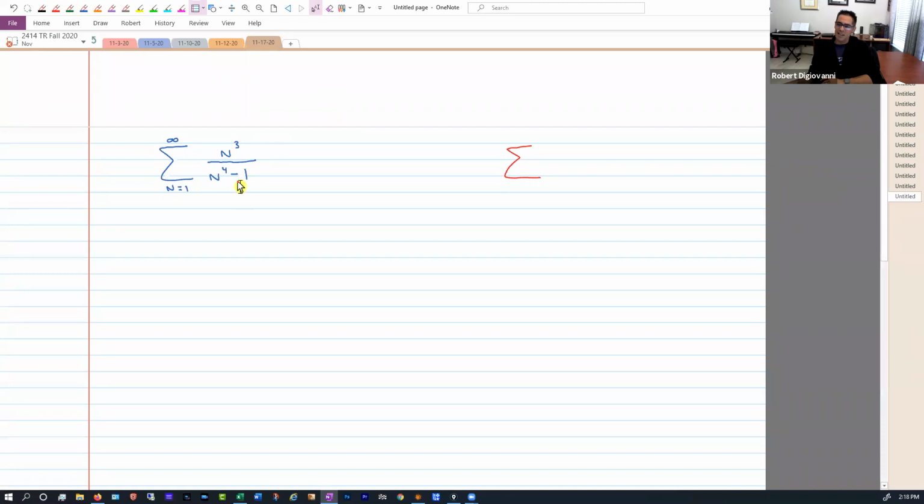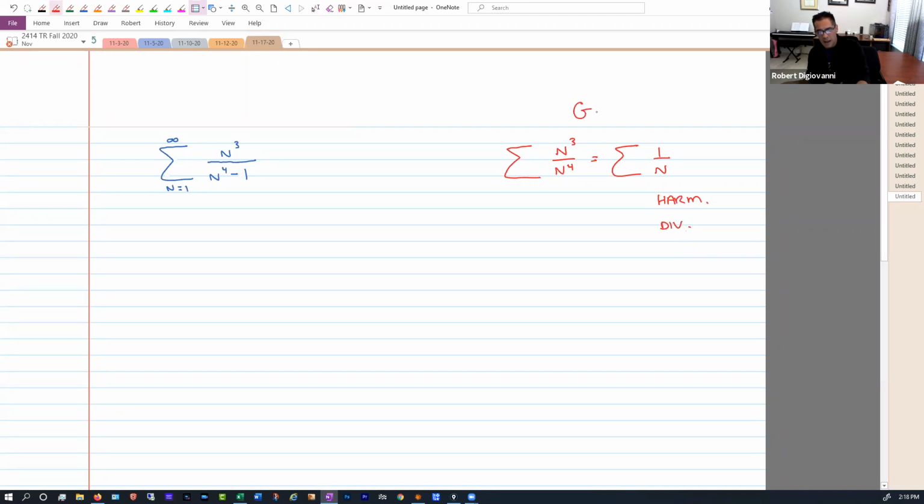This minus 1 really doesn't make much of a difference. Do y'all agree? Yes. So would it seem reasonable to say the minus 1 really doesn't matter too much? It's really kind of like just n cubed over n to the 4th. And that's just 1 over n, isn't it? So that's harmonic, and that diverges.